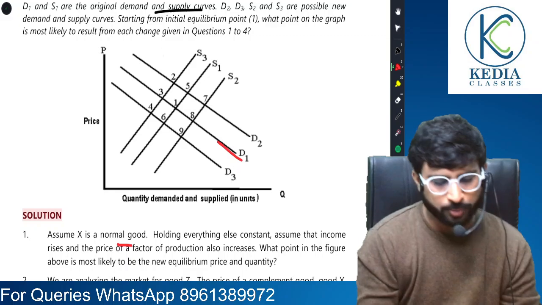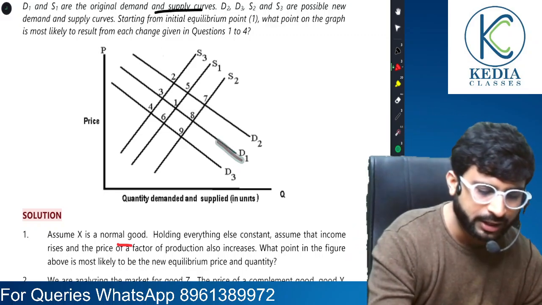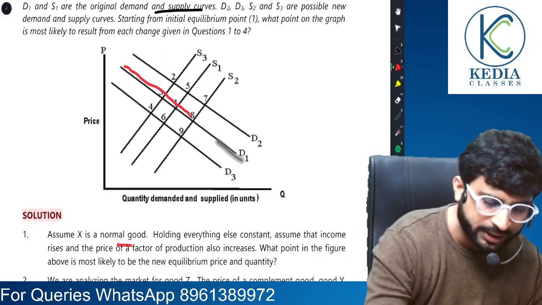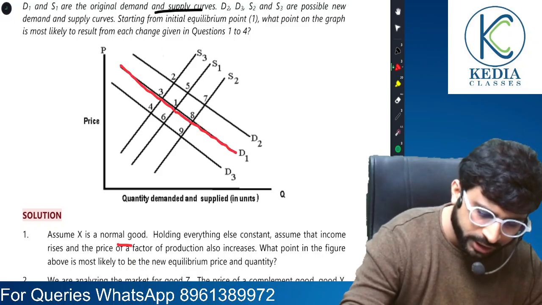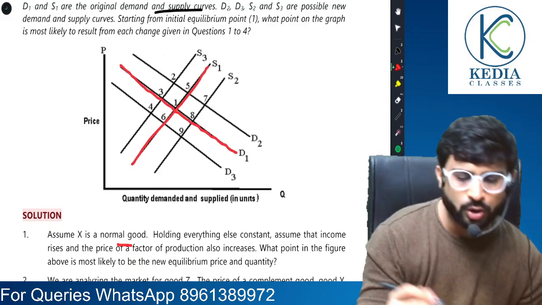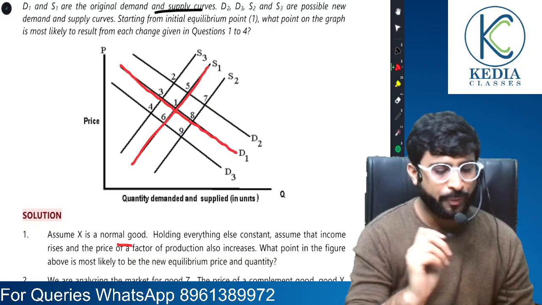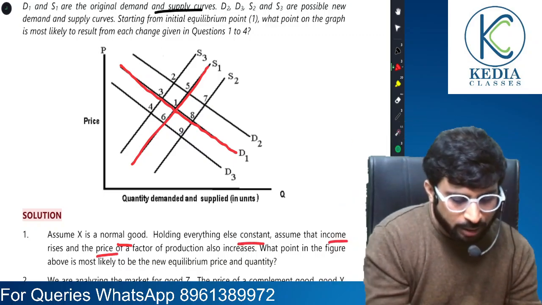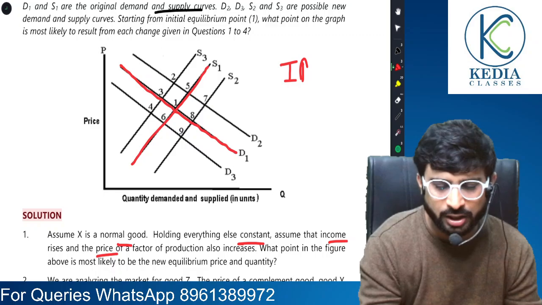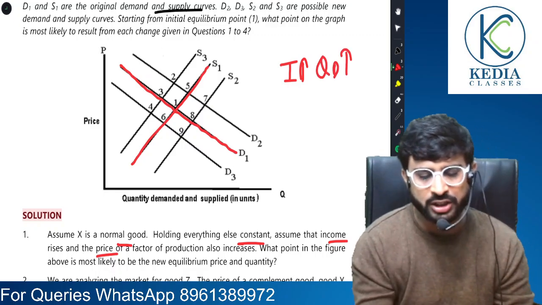Assuming X is a normal good, we are assuming that the OG demand and supply curve that we are seeing here is for the regular commodity. Now, holding everything else constant, assume that income rises. When there is a rise in income, quantity demanded rises, so there is a rightward shift.